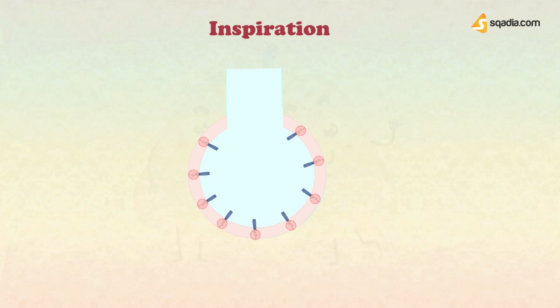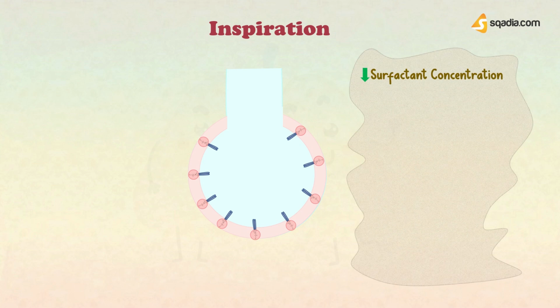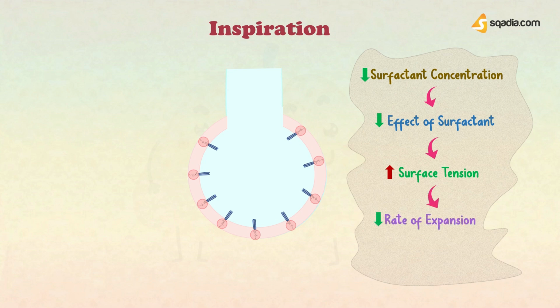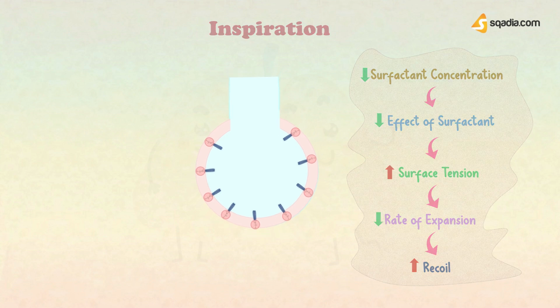Now, during the inspiration, alveoli are inflated. This increase in the size of the alveolus will obviously make the surfactant molecules far apart from each other. Lesser concentration of surfactant then leads to a decreased effect, and the surface tension increases, thus decreasing the expansion rate of the alveolus and increasing the ability to recoil.